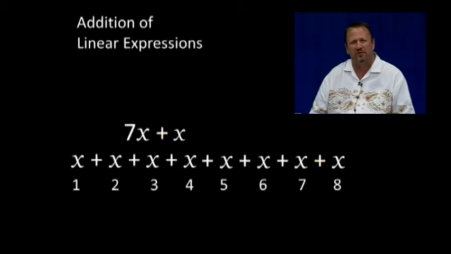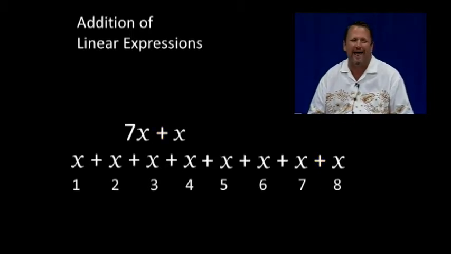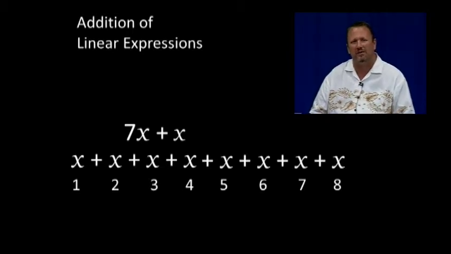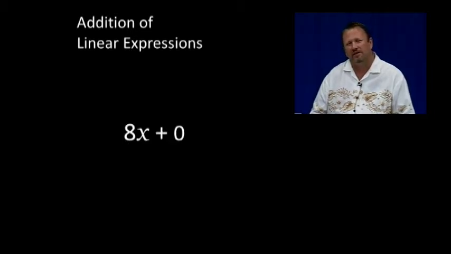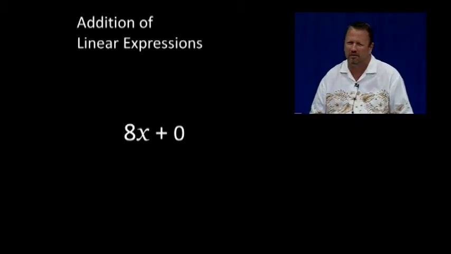So 7x plus x is the same thing as adding x together 8 times. So 7x plus x is equal to 8x. And notice that's the same thing as 8x plus 0. So remember, when we add or subtract the coefficients of x, the constant does not change.